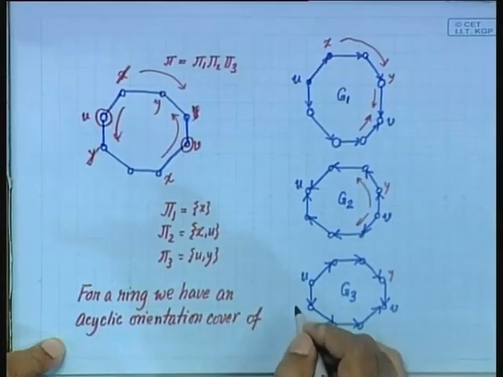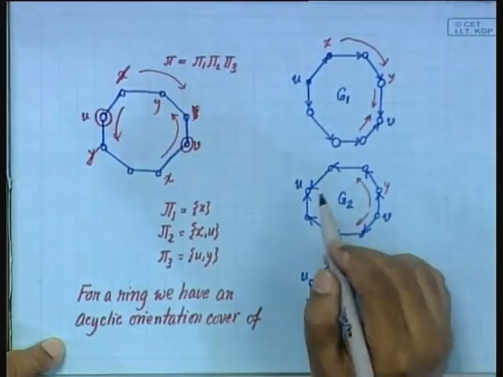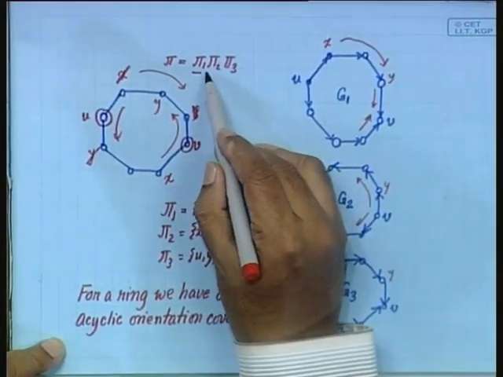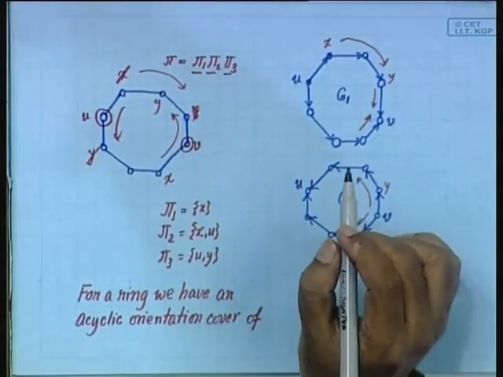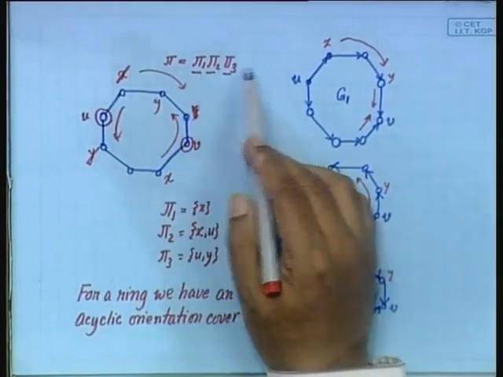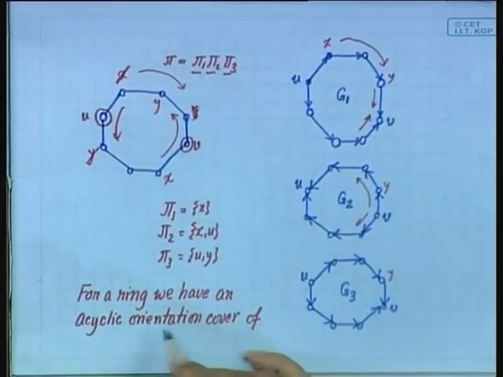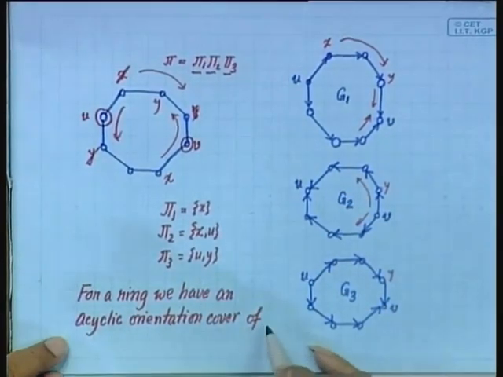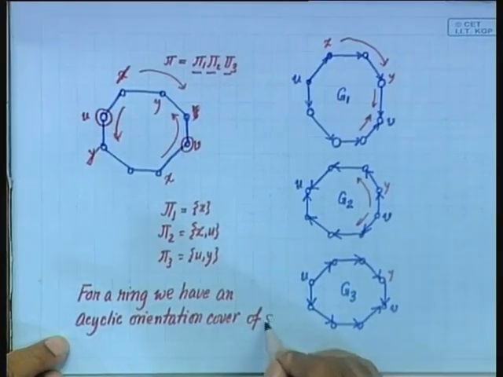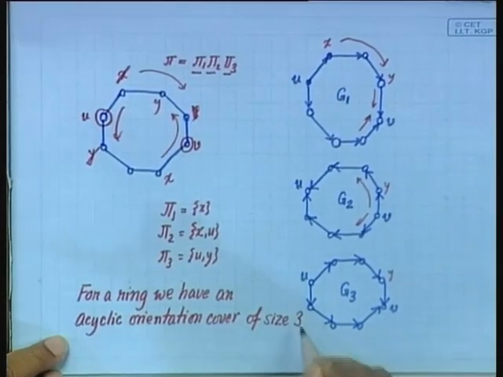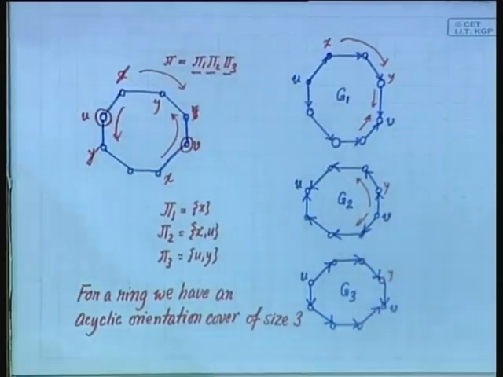No, it has to be strictly in this order. The concatenation of paths has to be strictly in this order. It is very important. You cannot do pi 3, pi 2, pi 1, no, that is not allowed. For a ring, we have an acyclic orientation cover of size 3, G1, G2, G3.